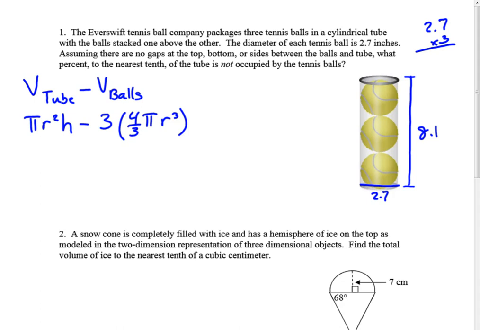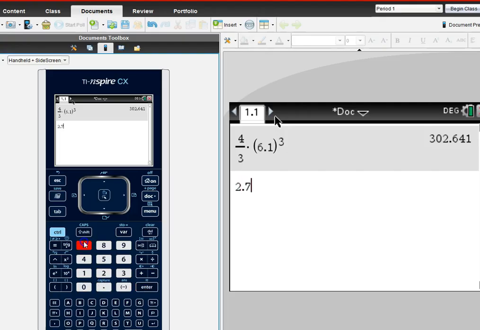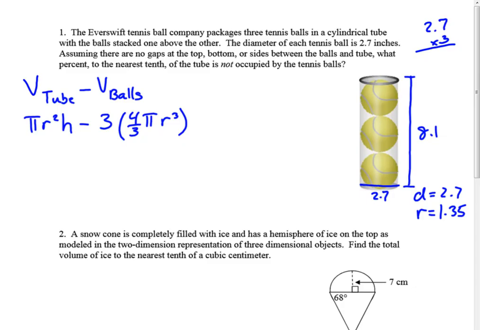So the diameter was 2.7. If we divide that in half, 2.7 divided by 2 is 1.35. That would be our radius for this.